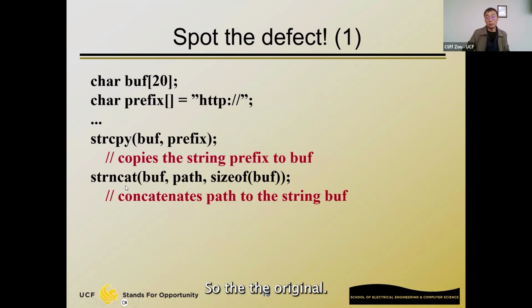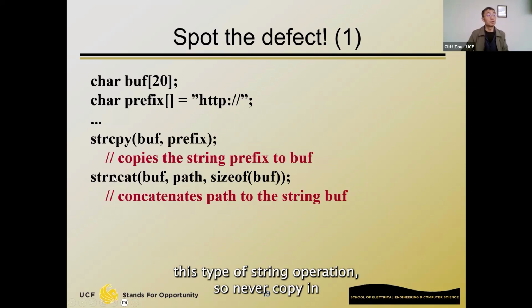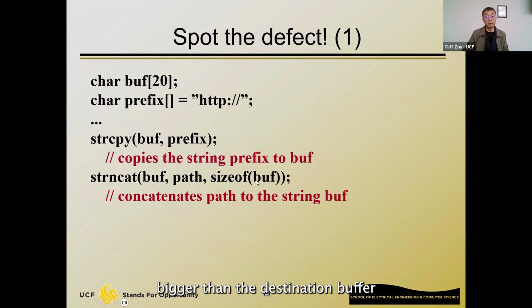So the problem is here. Even though the programmer realized that he should use this n type of string operation, so never copying bigger than the destination buffer size by specifying sizeof, however, this is a cat.